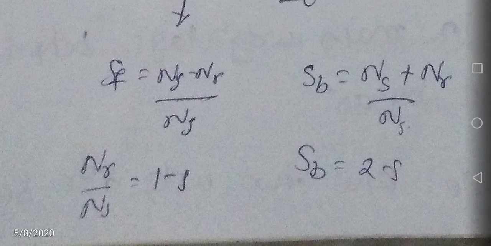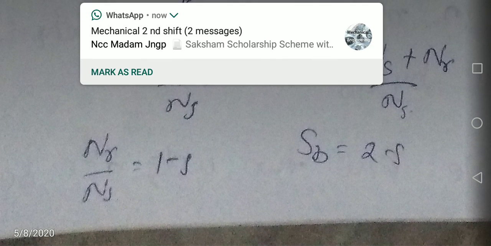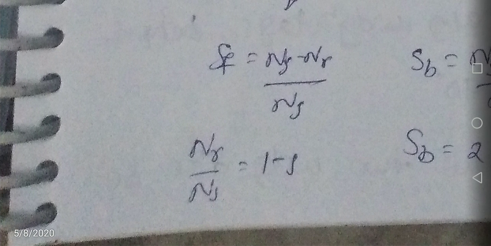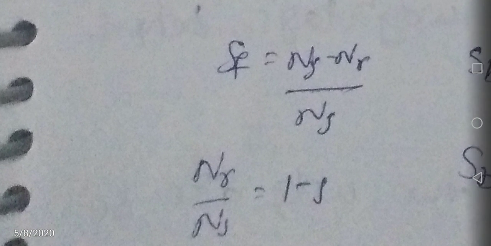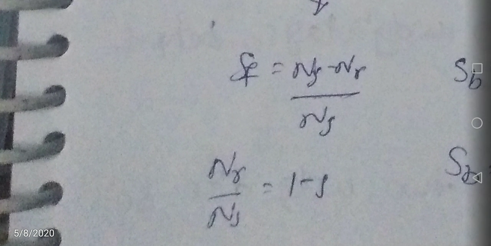So here SB, NR by NS equals 1 minus S, because the forward slip SF equals NS minus NR by NS.